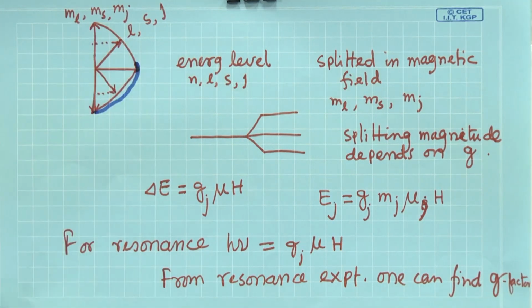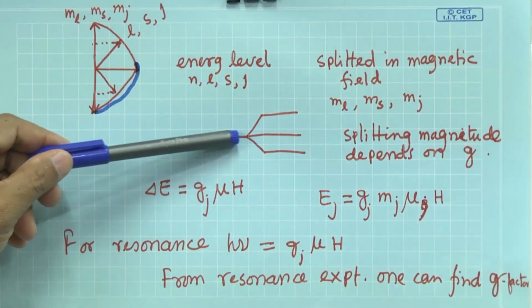So, due to this space quantization, okay, you will get different energy levels. Those energy levels may have the same energy, then we say they are degenerate states. Okay. Now, this degeneracy is removed when we apply a magnetic field.